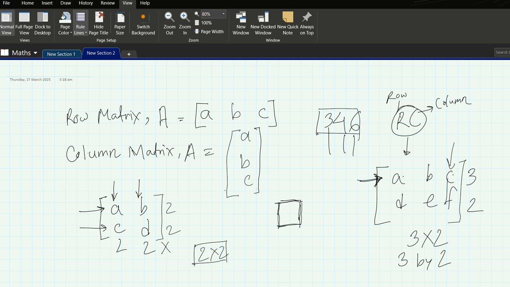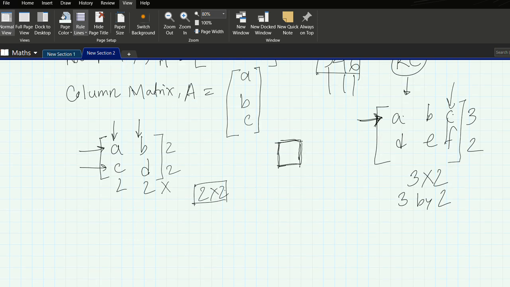So what do you think it would mean if we say there is a 3 by 3 matrix? It means there are A, B, C, D, E, F, G, H, I. Let us use this one.